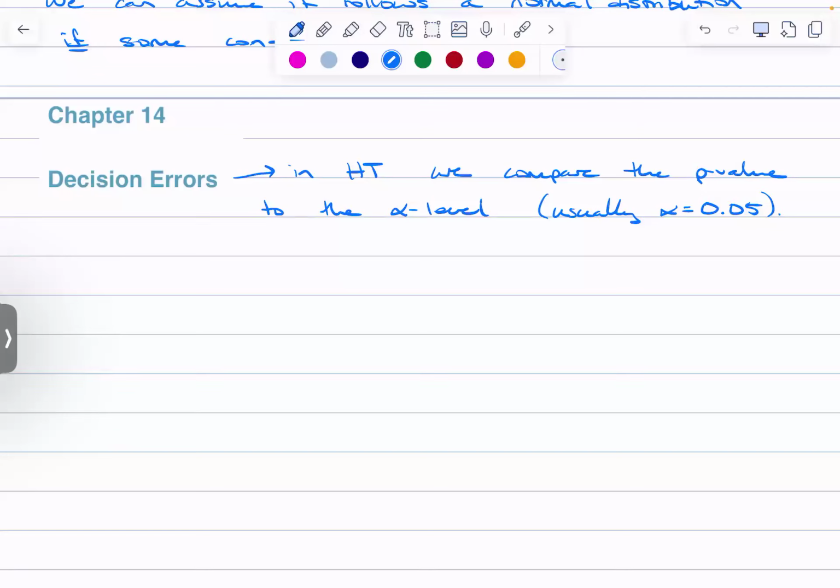Our conclusion is based on whether the p-value is less than the alpha level or not, right?